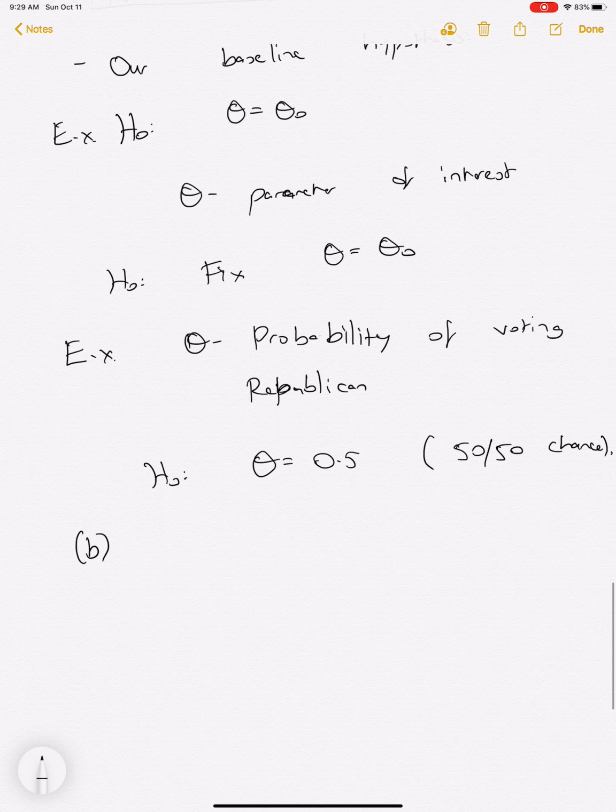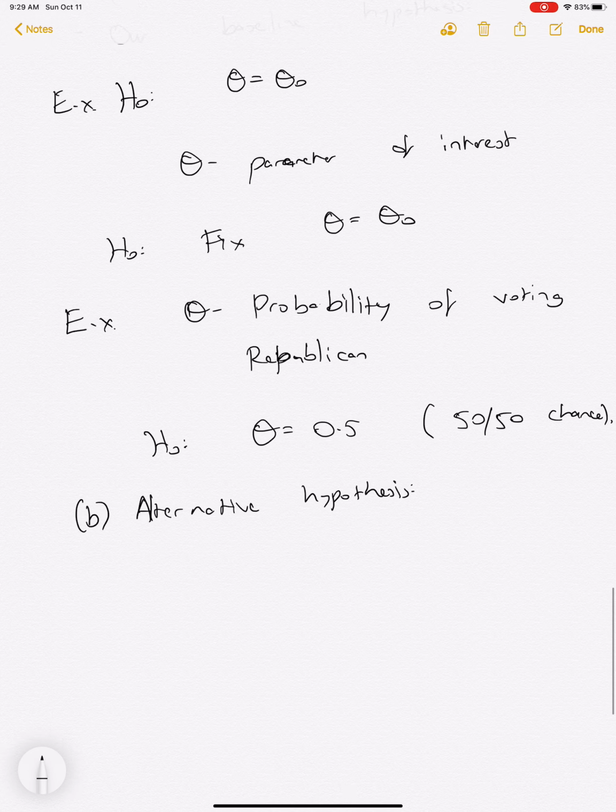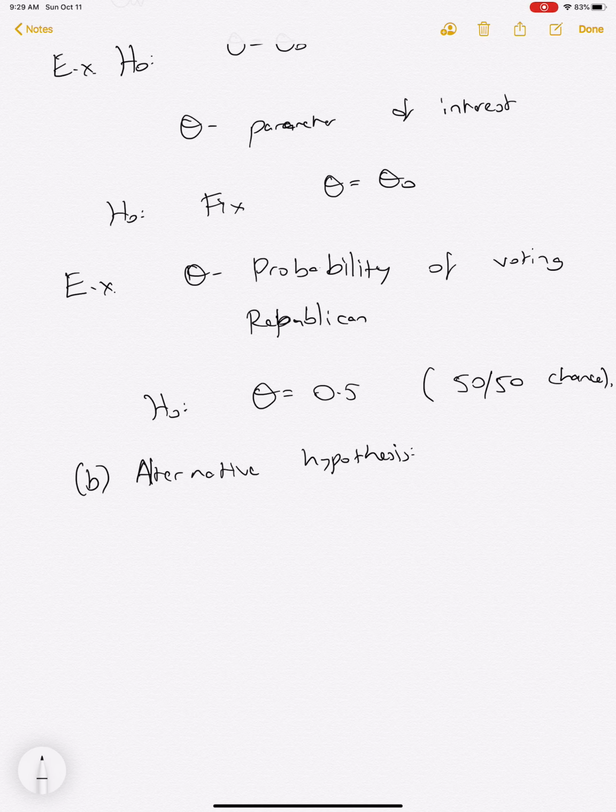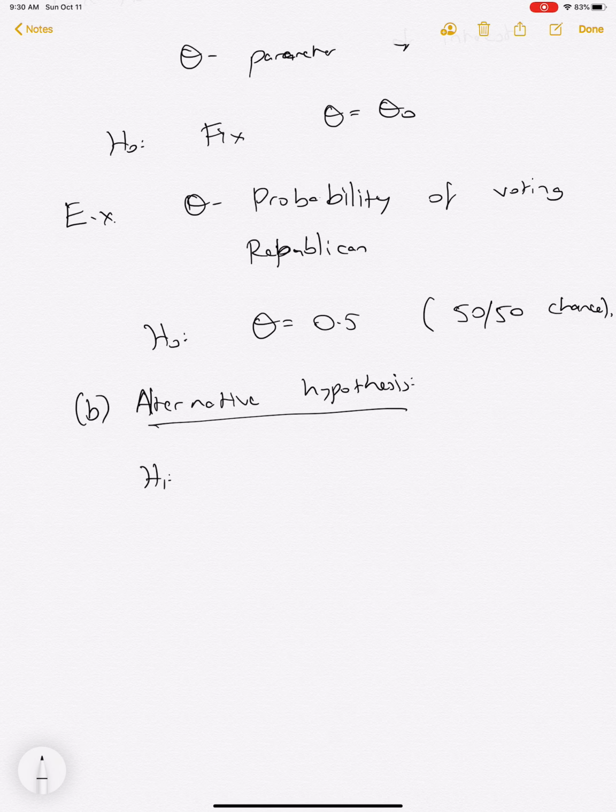The second component is the alternative hypothesis, and I'm going to use the notation H1. There are several options. You could have that the alternative is just theta not equal to theta 0, which is the opposite of the null, or theta bigger than theta 0, or theta less than theta 0.